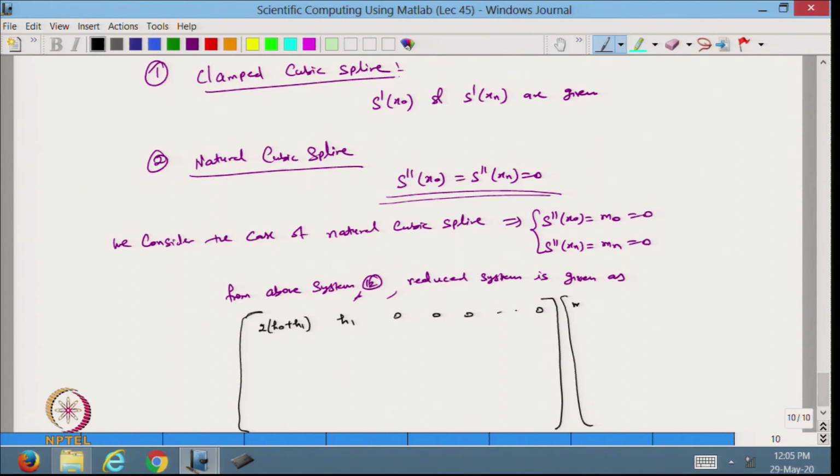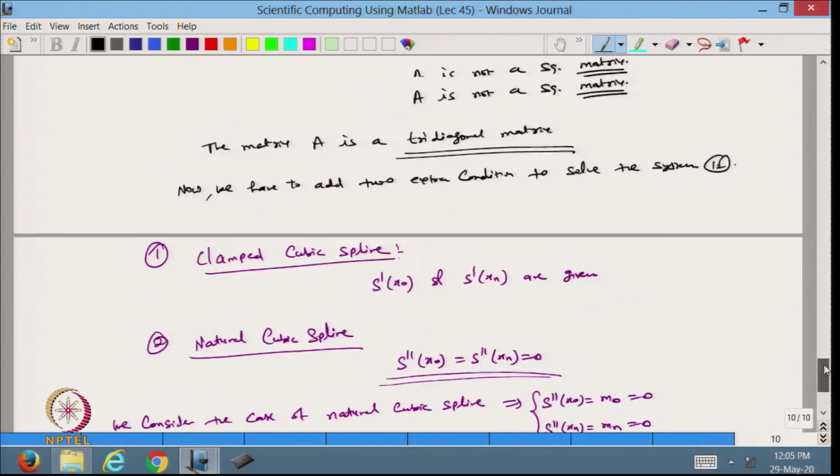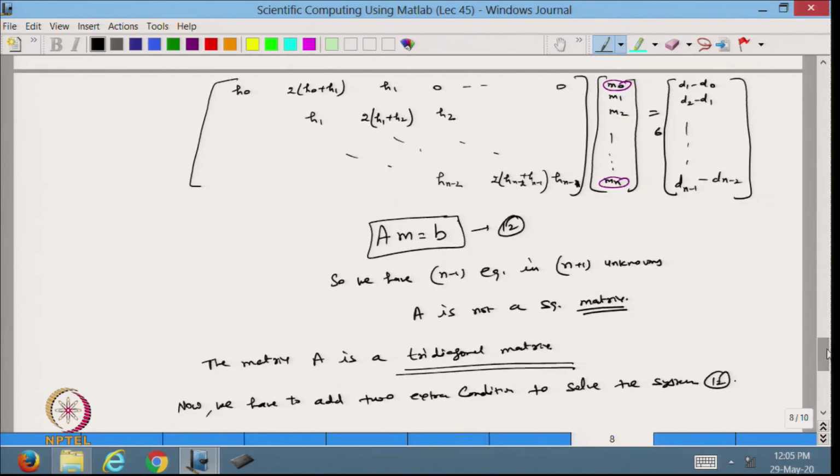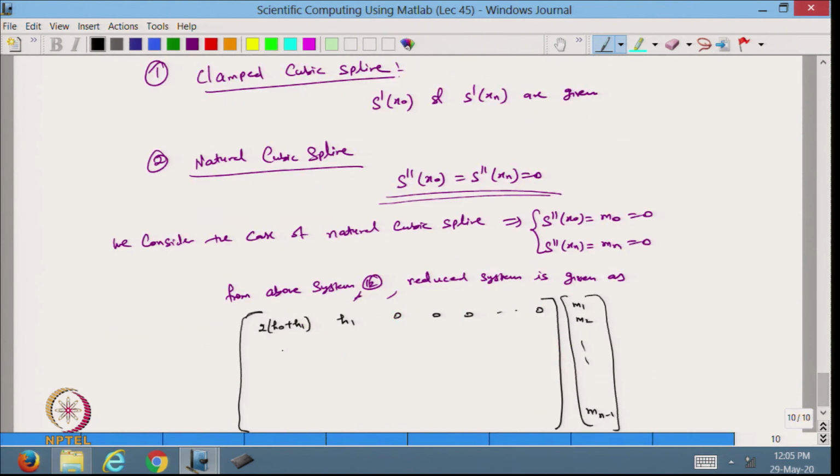So I can write it as a, starting from m1, m2 up to m n minus 1. The next one is the same, so it will be h1 and h2. So this one will be h1, 2 times h1 plus h2, h2 and so on.